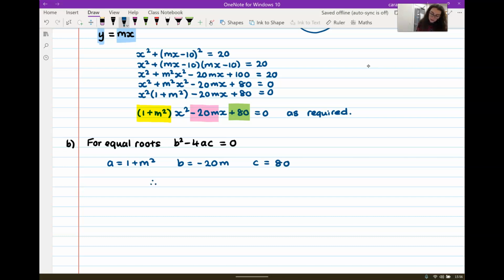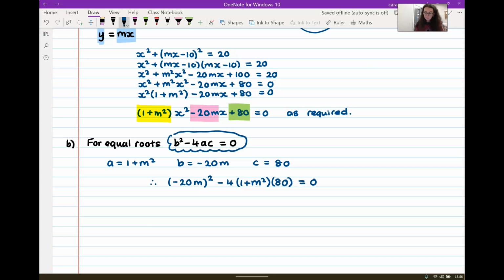And now, therefore, I can substitute it into my little formula there, b² − 4ac = 0. So I've got to be careful. I've got to square −20m, so I'll put that in brackets. Subtract 4 lots of a, 1 + m², multiplied by 80. And I know that's all got to equal 0.